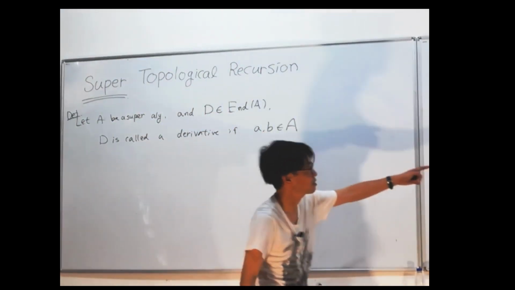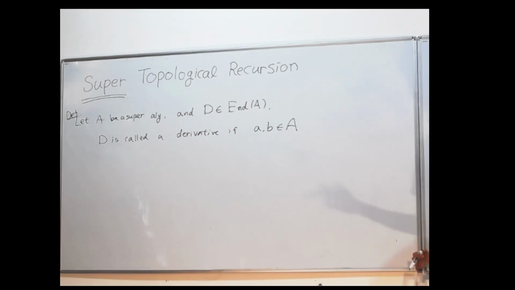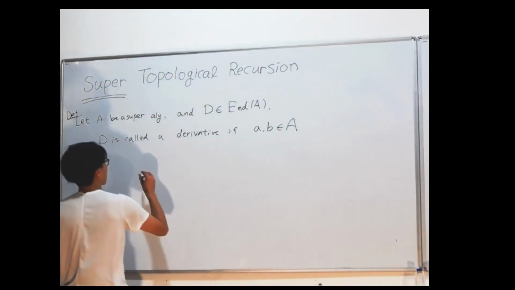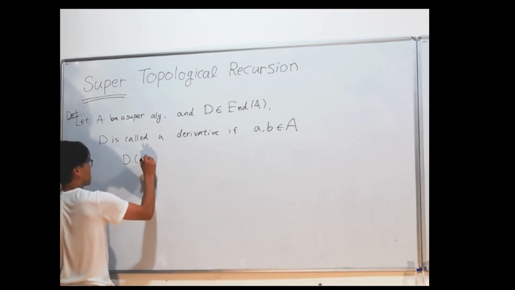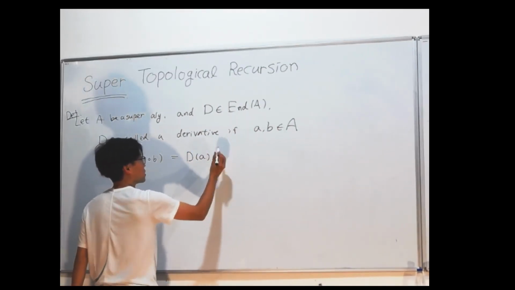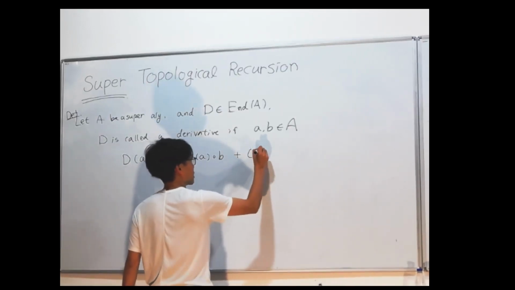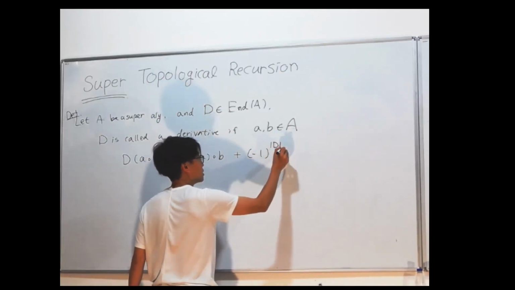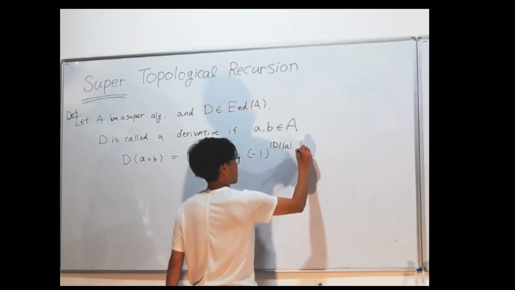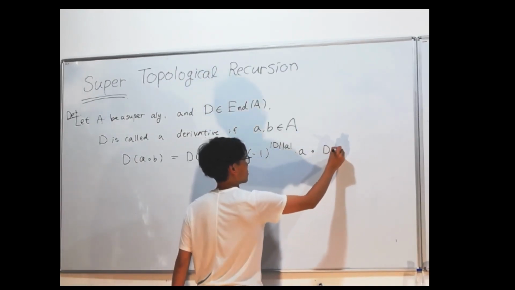I may keep writing it somewhere and drop it elsewhere without conscious intent. For homogeneous elements a and b, D of ab is D(a) b plus minus 1 to the parity of D times parity of a, a D(b).